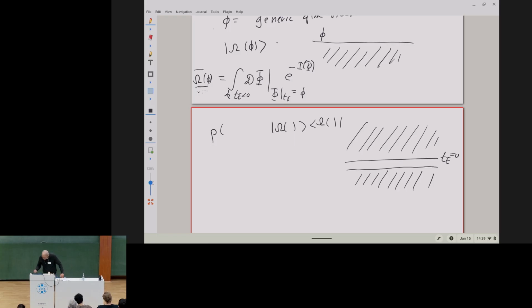So I call this one phi and this one phi prime, I hope. So then the vacuum state density matrix is a functional of phi and phi prime. And we compute it by doing a path integral on the lower half plane with the boundary value specified to be phi on the upper boundary of the lower half plane, and then the boundary value is phi prime on the lower boundary of the upper half plane.